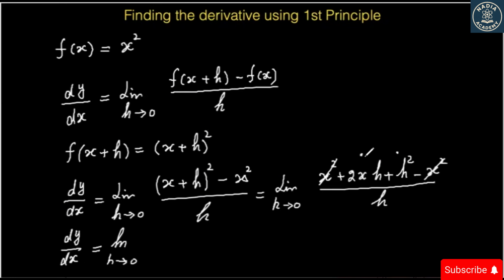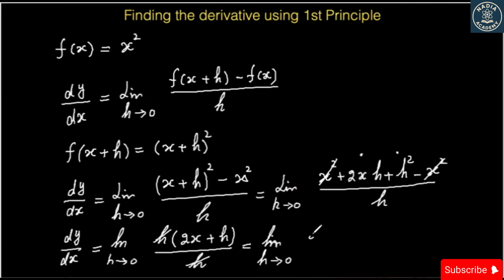Between these two terms, h is a common factor, so we can write it as h times 2x plus h, divided by h. Now this h will cancel with that one. Then we are left with the limit as h approaches 0 of 2x plus h.